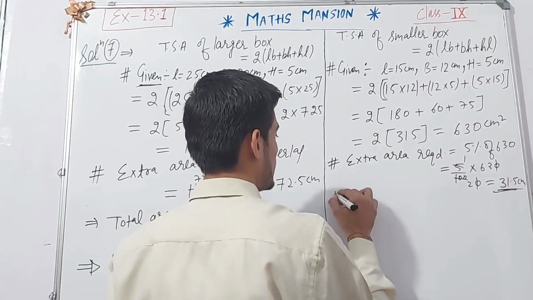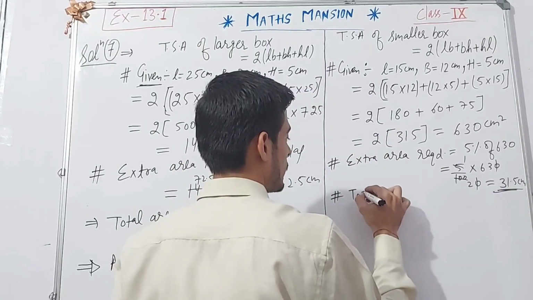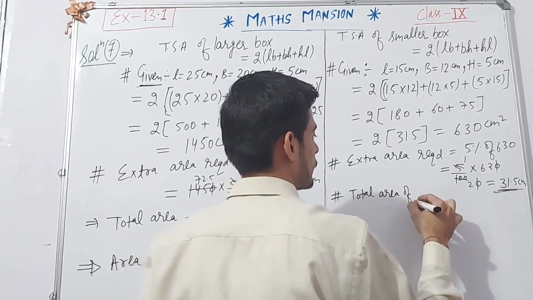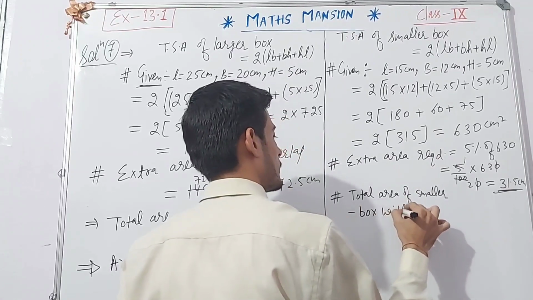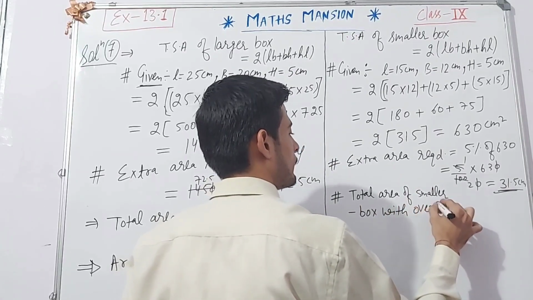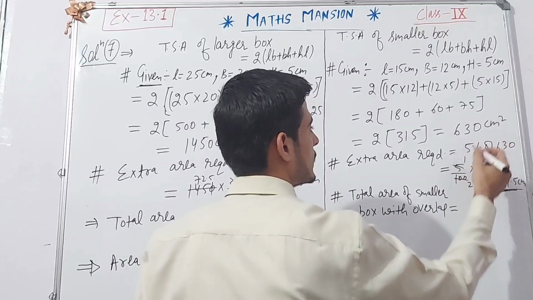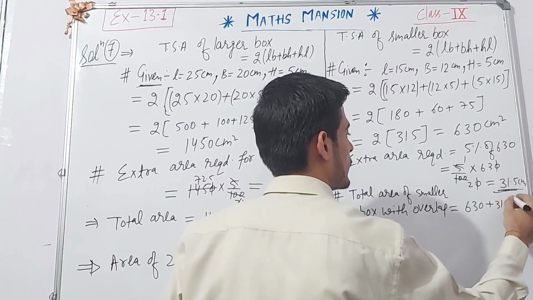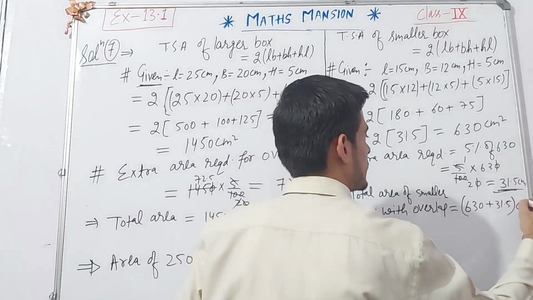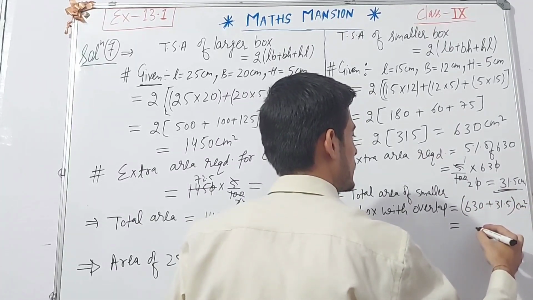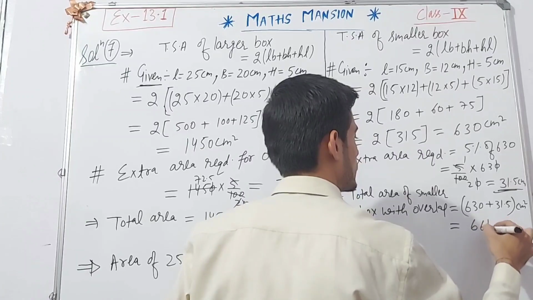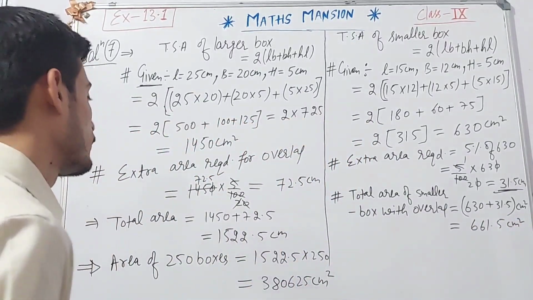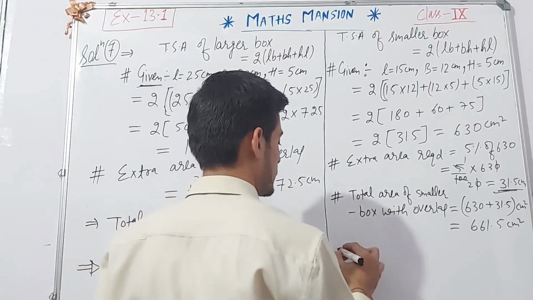Now the total area of the smaller box with overlap is equal to 630 plus 31.5 centimeter square. Adding all this, we will get 661.5 centimeter square.